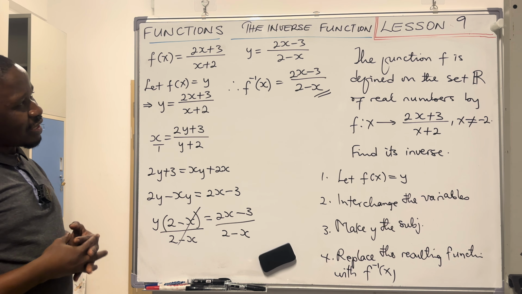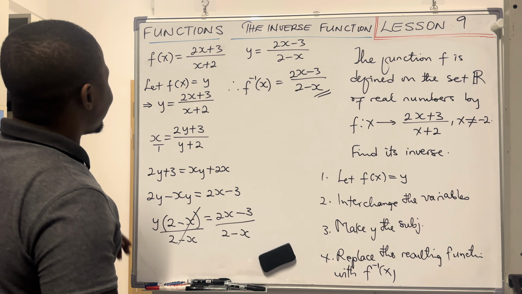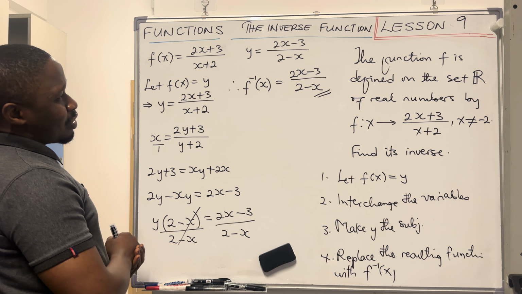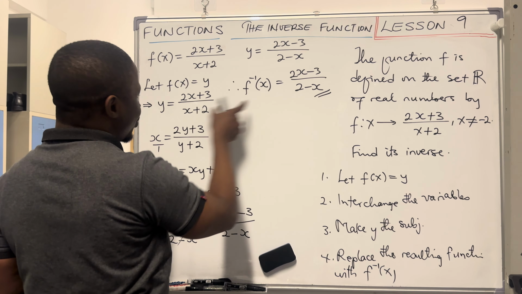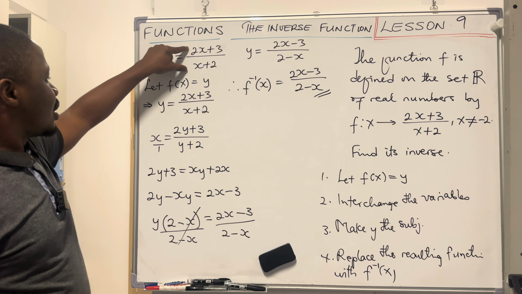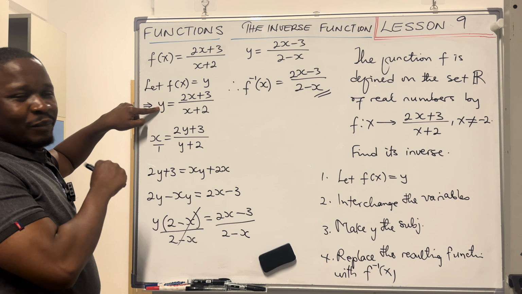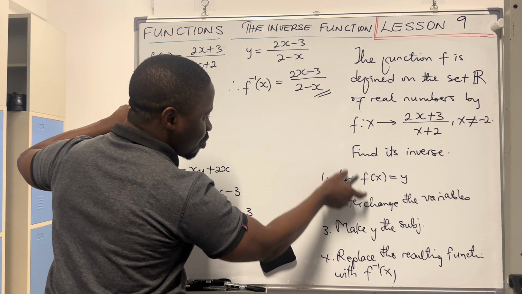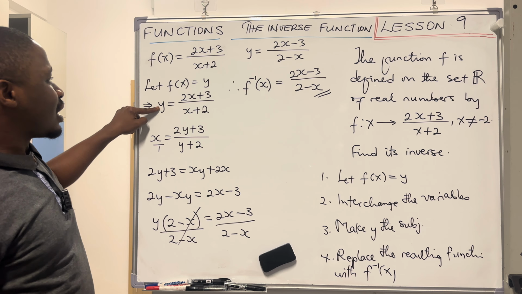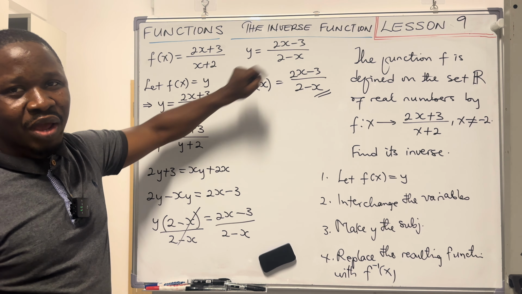Now, there is one thing I want to point out. We have y here, and y here. We don't write this one here because this is what we are given originally. We went through all the procedures involved in finding the inverse, so we don't consider the original, we consider the resulting y function.